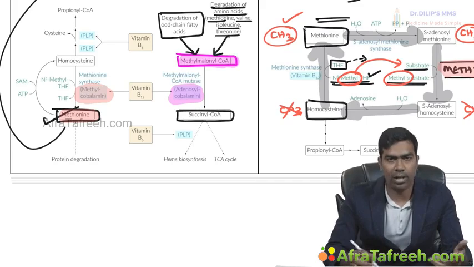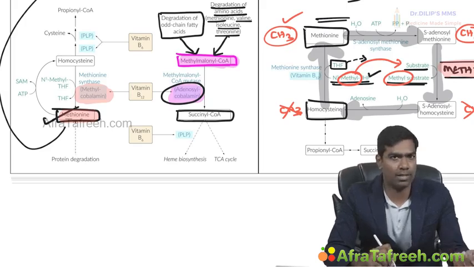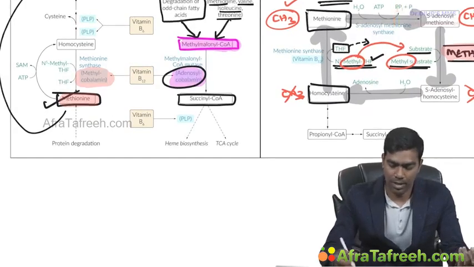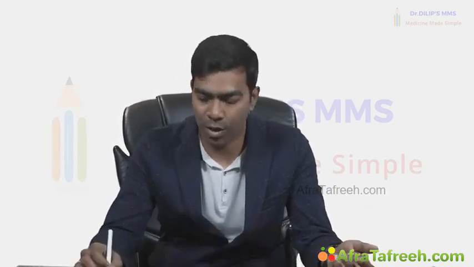This conversion will happen only in the presence of adenosylcobalamin, which again acts as a cofactor. And this succinyl-CoA is very important for heme biosynthesis, because we already saw in the heme pathway that succinyl-CoA with the addition of glycine forms the initial ALA. That ALA forms the substrate for the entire heme synthesis pathway, which you can see in the previous sections which I have already discussed.